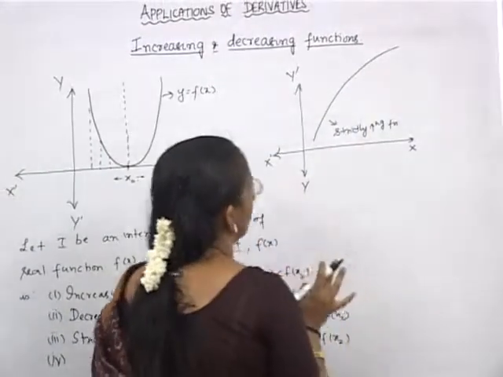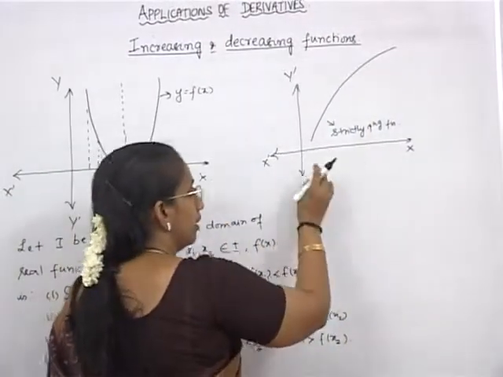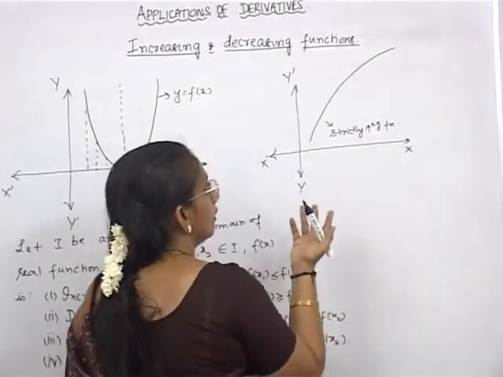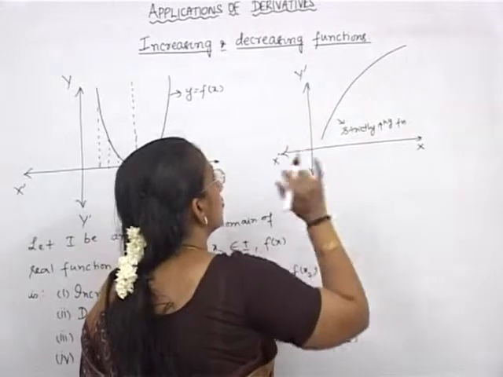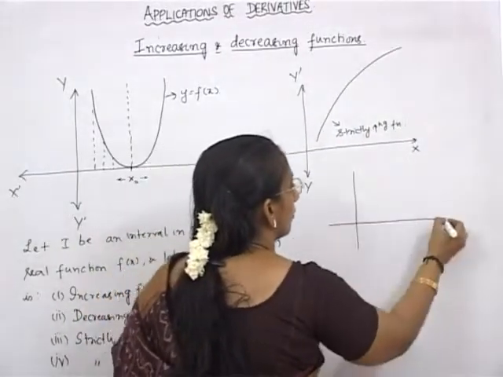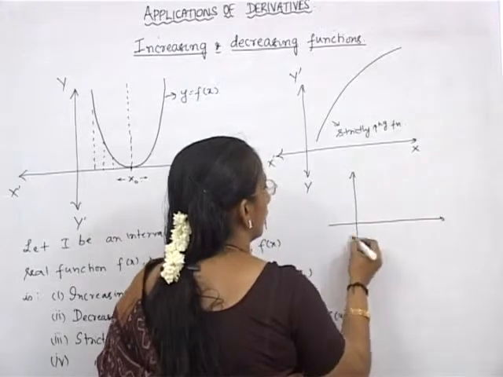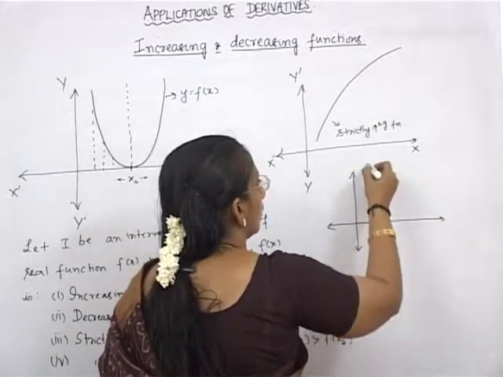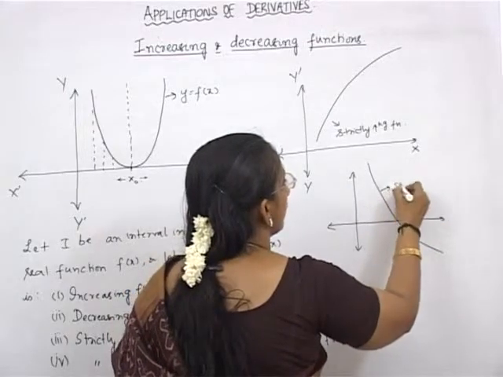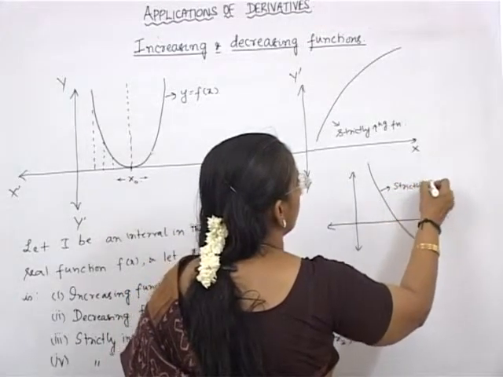It keeps increasing. There is nowhere where, for 2 points x1 and x2, the functional value is equal or less. At every point it is going to increase. So it is a strictly increasing function's graph. Now this is an example of a strictly decreasing function.